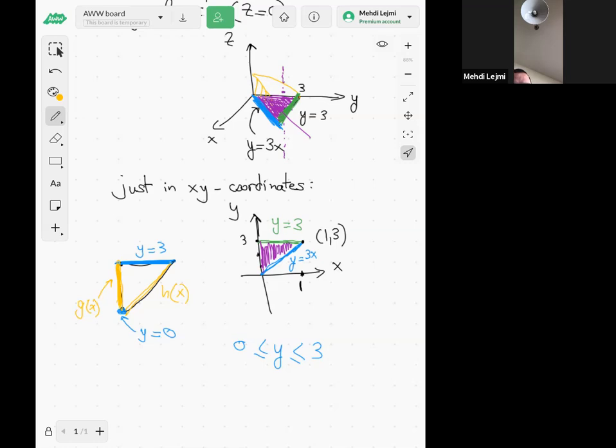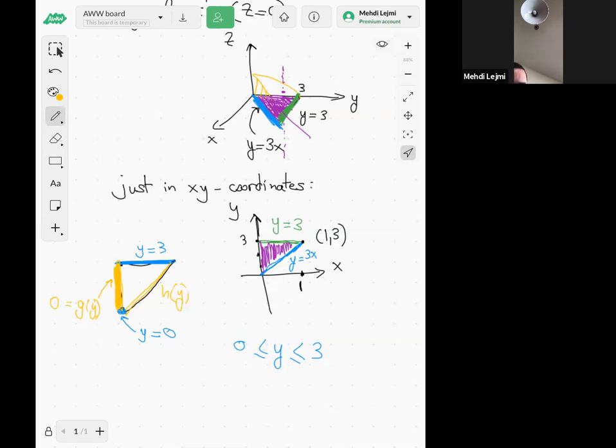Y is between 0 and 3, so here should be functions of y. Sorry, so this is g of y and h of y. So anyway, this line here is just the y-axis, so it's x equal to 0.